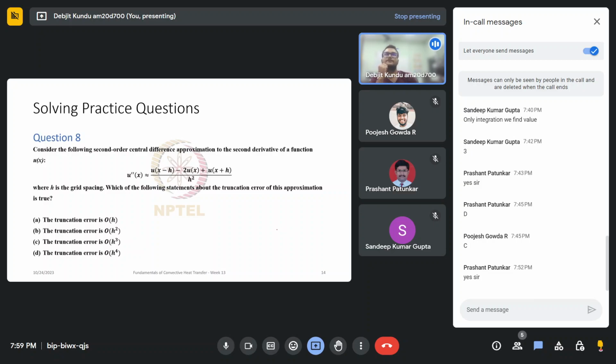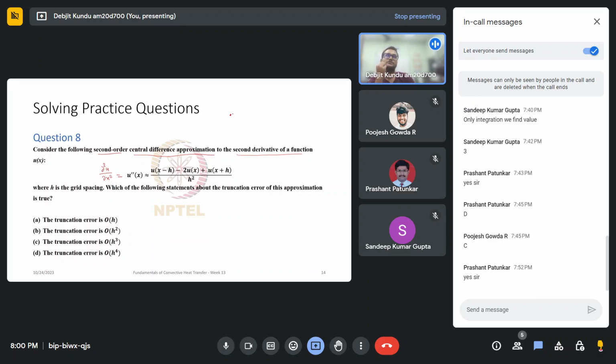Now this is a refresher on numerical methods. It's asking us to consider the second order central difference approximation for the second derivative of a function u. So u double prime, which basically means ∂²u/∂x², is given by u of x minus h, minus 2u of x, plus u of x plus h, divided by h squared, where h is the grid spacing.